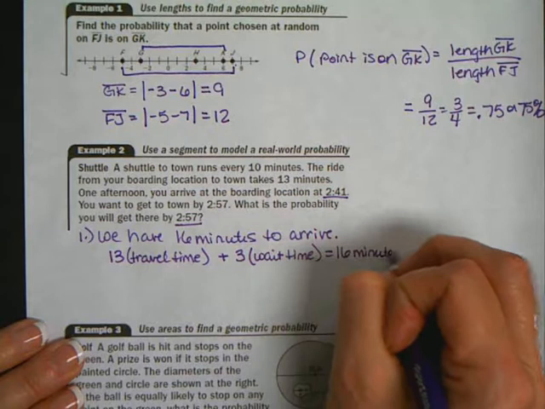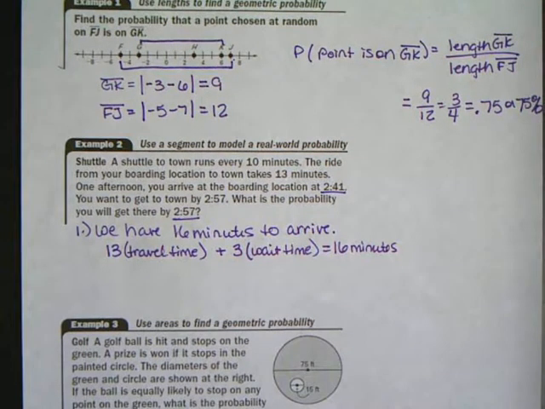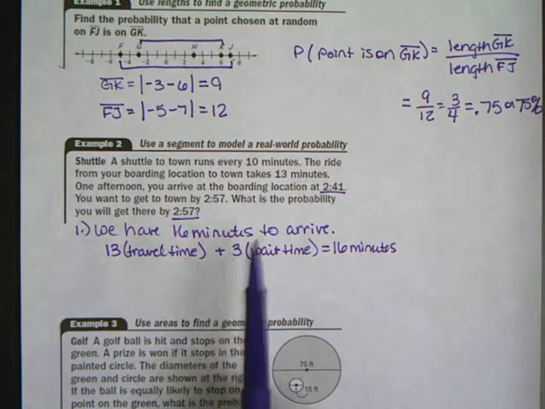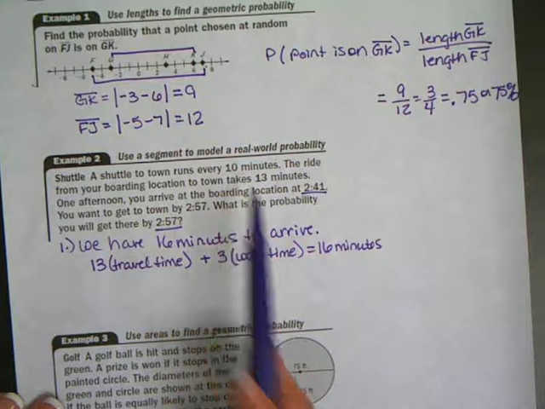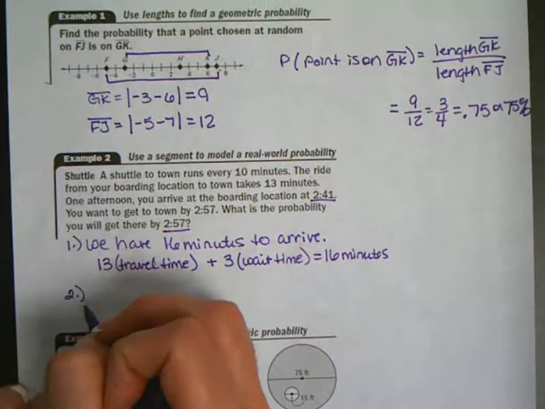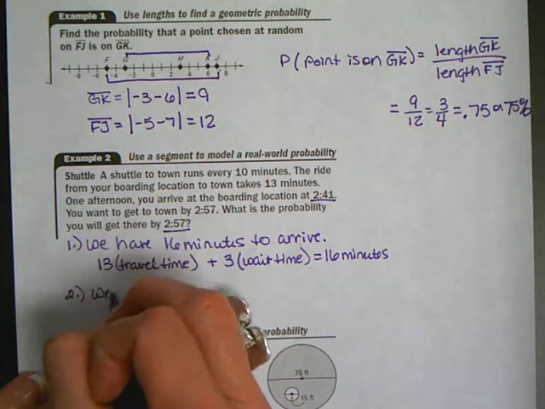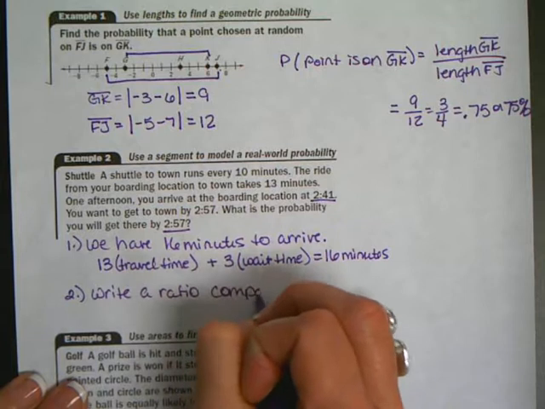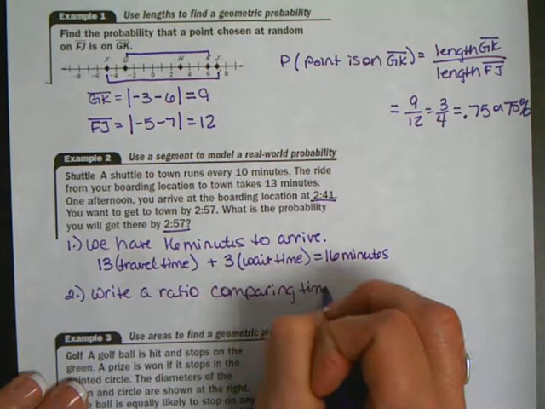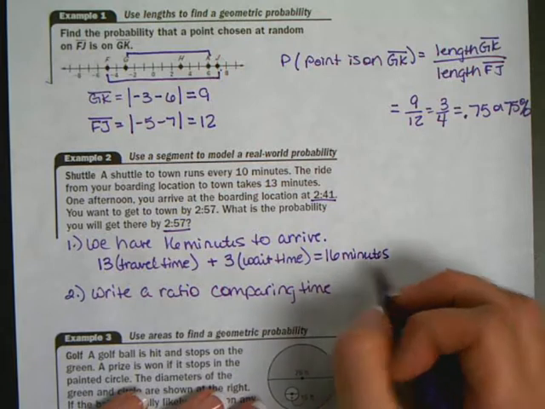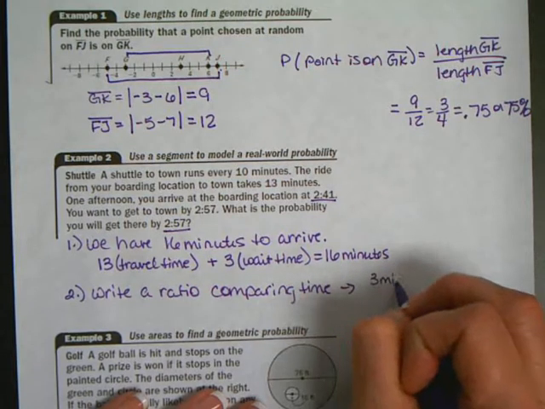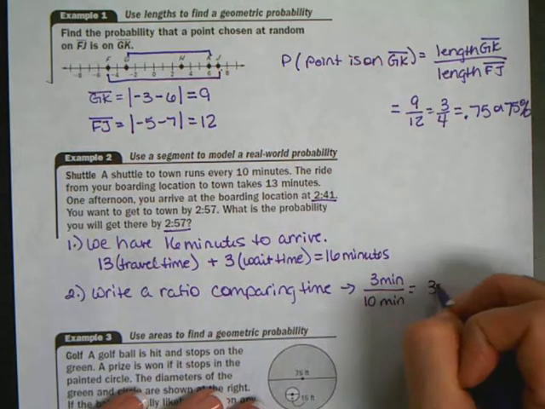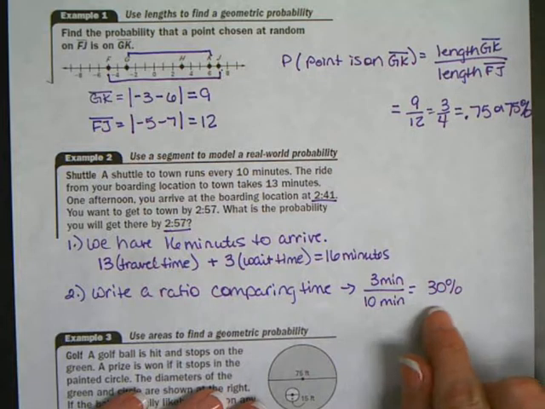So the second step would be to write a ratio comparing time. I want to wait for 3 minutes, but I could wait for 10 minutes. 3 minutes out of 10 is equal to 30%. So I have a 30% chance of arriving on time, which isn't very good, which means you have a 70% chance of being late.